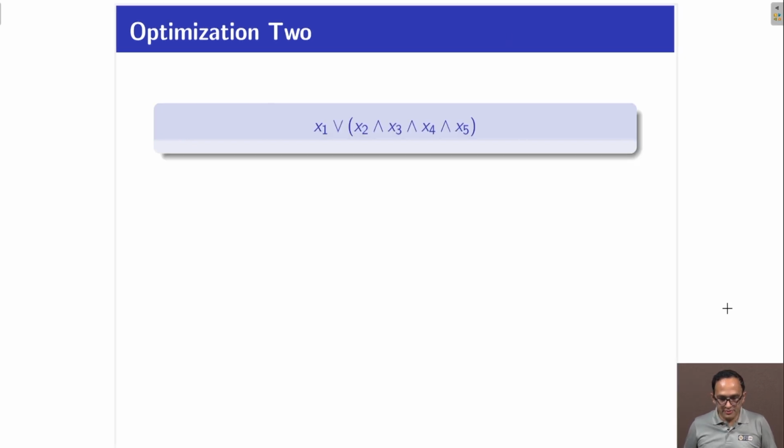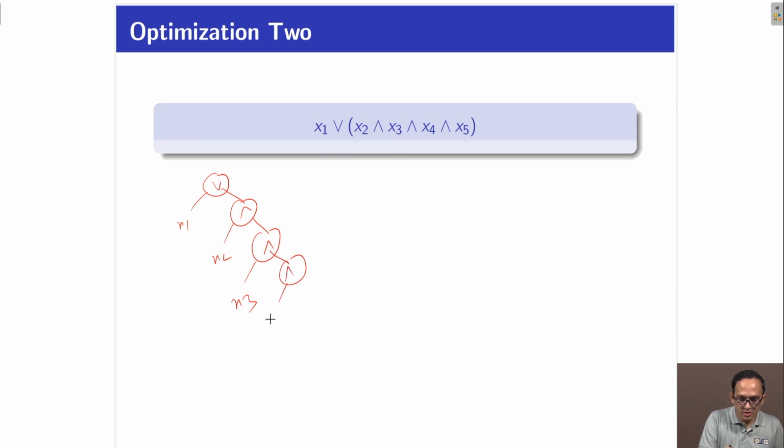Now, if I take the same formula, let me draw the construction, the graph again. So, I will get x1, then x2, then x3, x4 and x5. What I am saying now, in my optimization 2 I will use a1 and a2, that is sufficient, and still the formula will be in CNF.